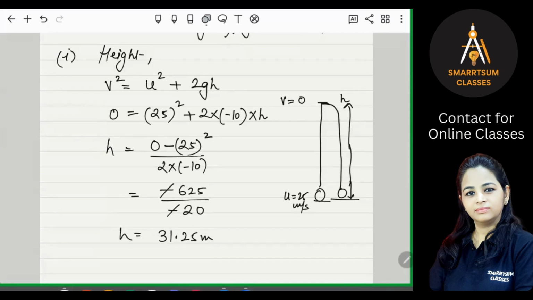So you will find that automatically your negative sign will cut, right? Height, length can never be negative. So if you are getting a negative answer, that means you have done something wrong. If you are getting a negative value, it means you have made a mistake. Just check it out. So you can see here that h we have found out is 31.25. So what maximum height does it attain? 31.25 meter.